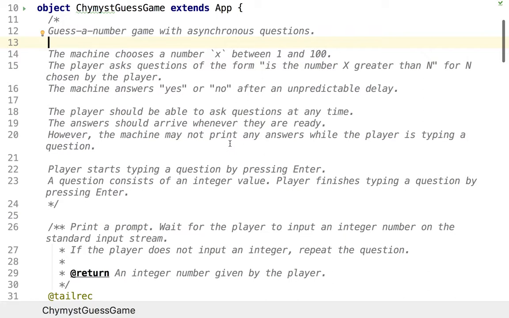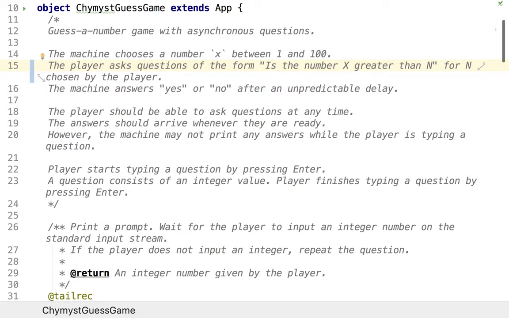Now the question consists of typing in an integer, and that's the constraint. So while the player is busy typing, the machine may not print any of its answers, even if they are ready. Once the player finished typing, the answers might be printed.